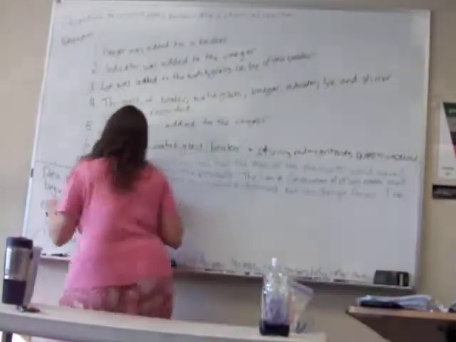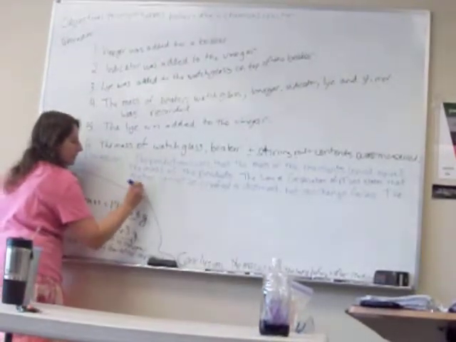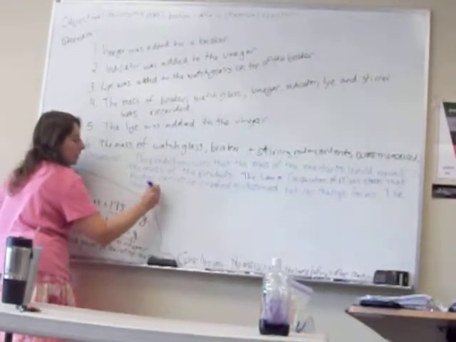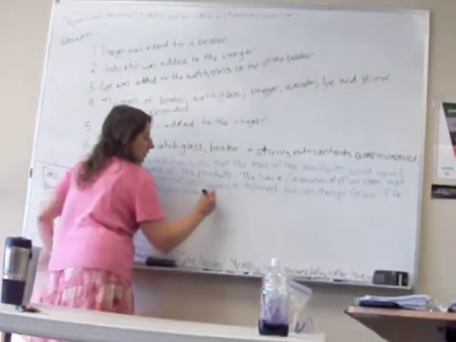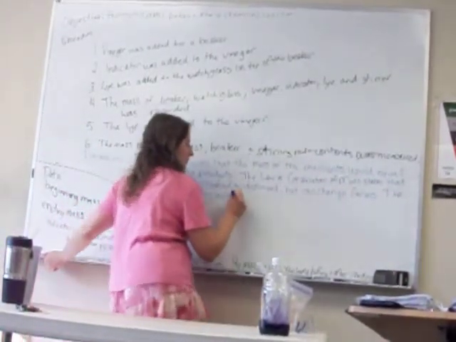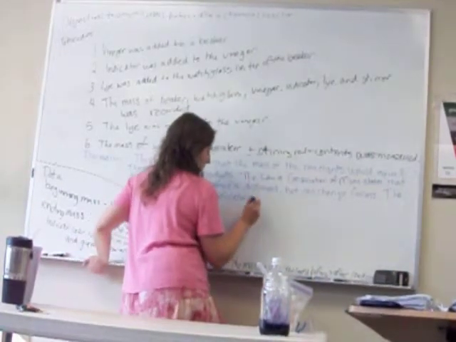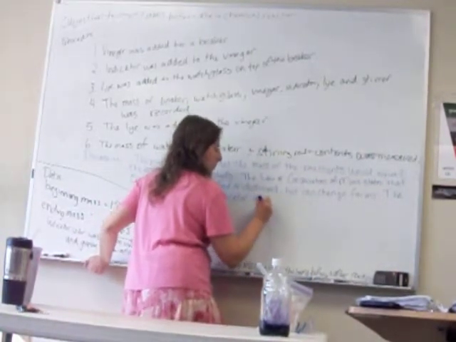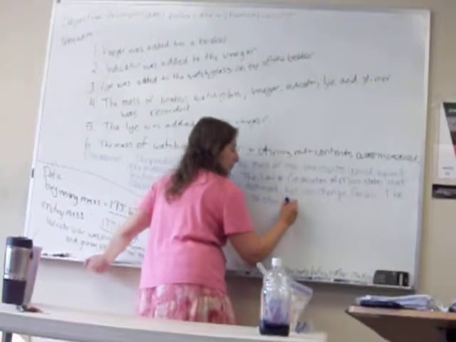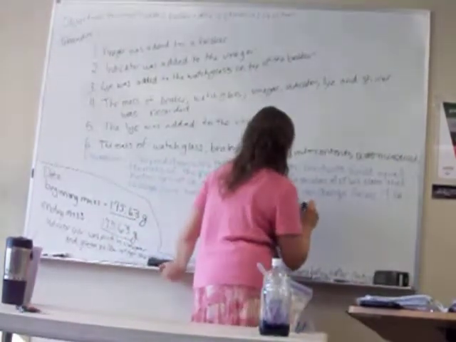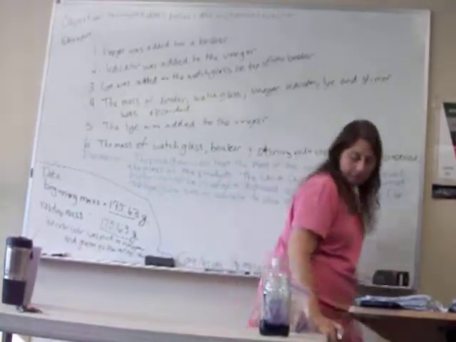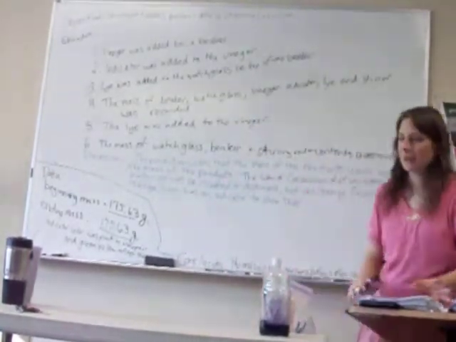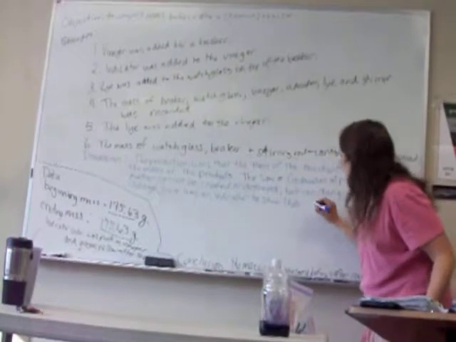So why did we use it in this experiment? To show how lye was a base and vinegar was an acid. And kind of the key point is it shows that a chemical reaction occurred.